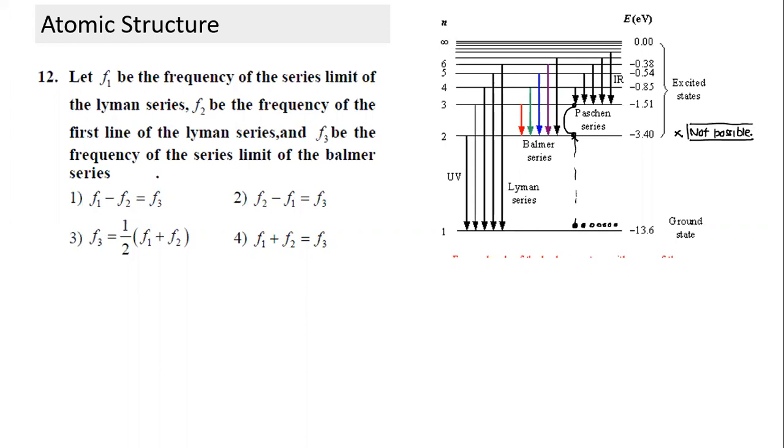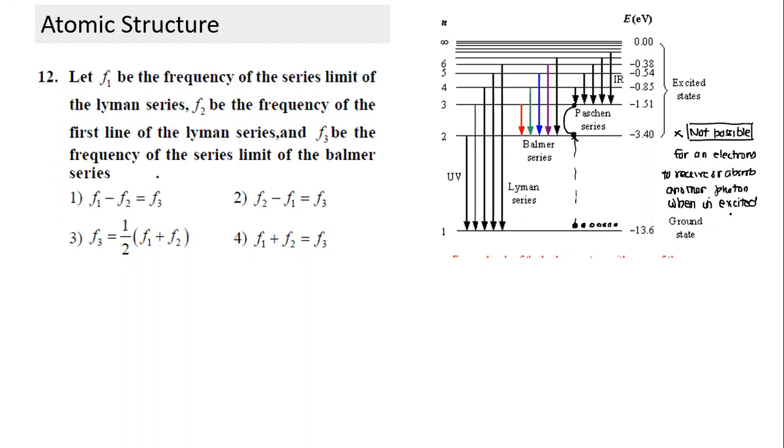So it is not possible for an electron to receive or absorb another photon when it is in the excited state. Can somebody give me a reason why that would not happen?